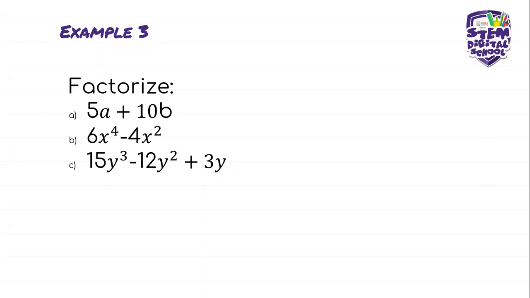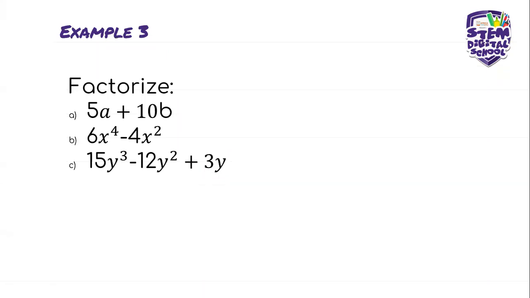And then when it comes to x to the power 4 and x to the power 2, the common factor there will be x squared, because remember the law of exponents, that when you multiply 2 powers with the same base, you add the exponents. So in this case, x to the power 4 is the same as x to the power 2 multiplied by x to the power of 2.